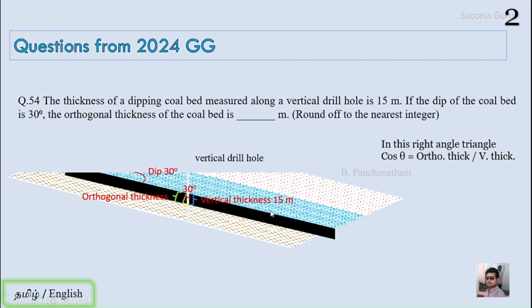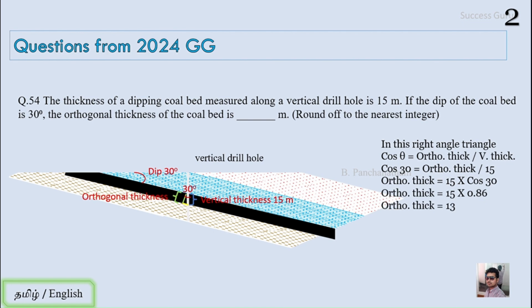Replacing the data, cos 30 is equal to orthogonal thickness by vertical thickness, that is 15 meters. Keeping the unknown on the left side and the known values on the right side, orthogonal thickness is equal to 15 into cos 30, and the value of cos 30 is 0.86. Multiplying this, we get 13 meters. So the orthogonal thickness, or simply the true thickness of the formation, is 13 meters.